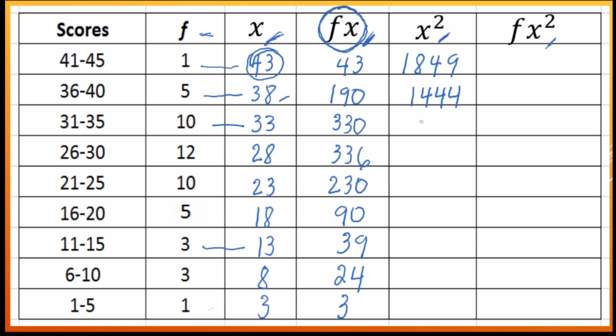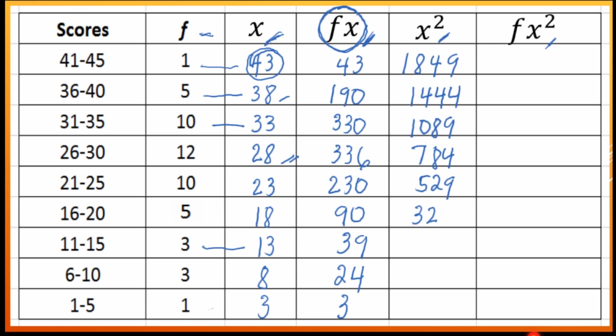The square of 33 is 1089. 28 times 28 is 784. 23 times 23 is 529.